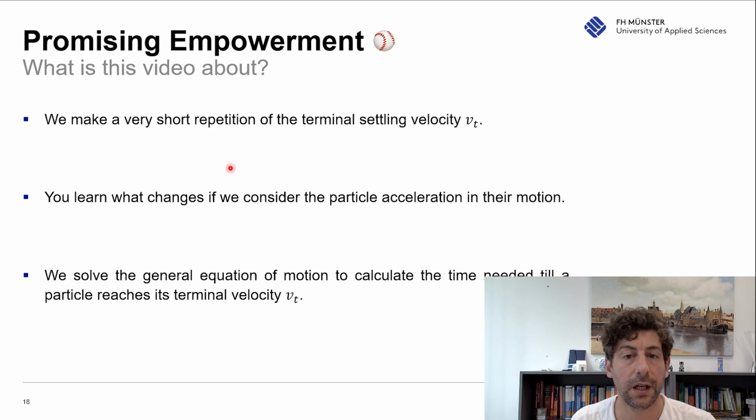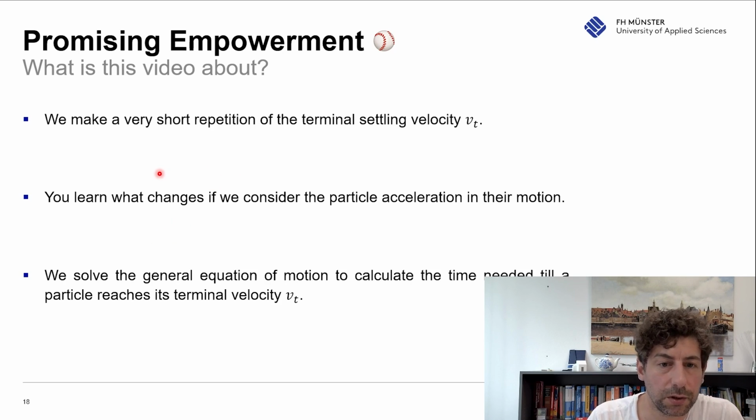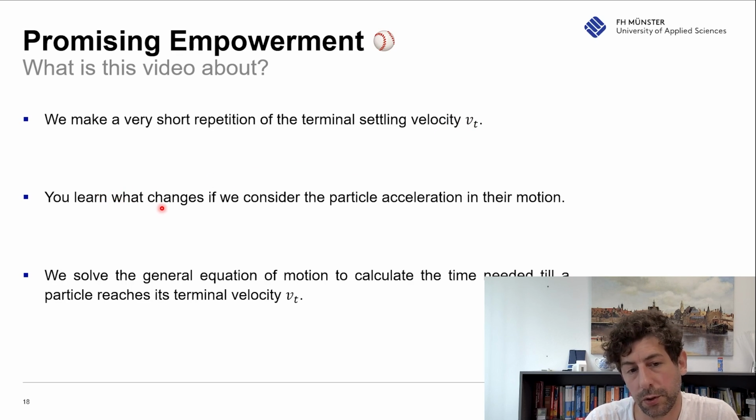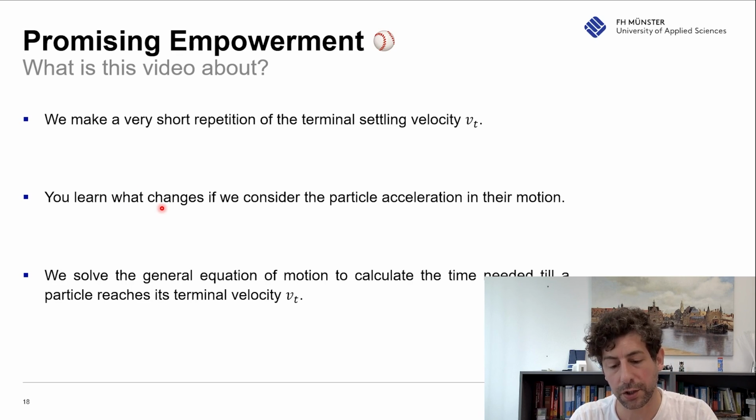So with this, I would like to repeat the video. I made a very short repetition of the terminal settling velocity on the example of lithium, right? What's the force balance, how we calculate this. And then we learned, or I showed you, what changes if we now consider the acceleration of the particle and the motion. What changes in the force balance, and how this force balance changes over time.